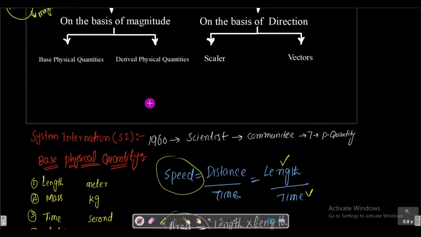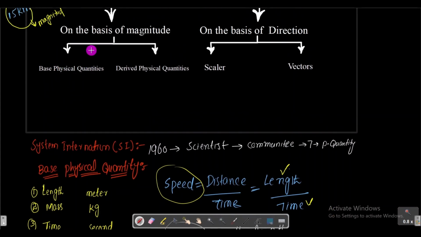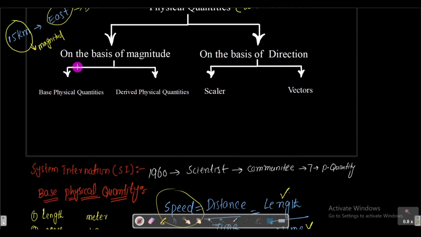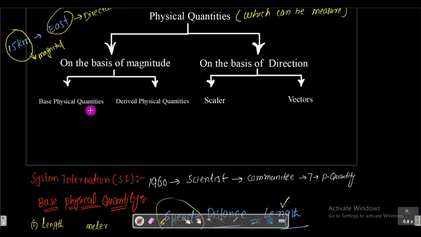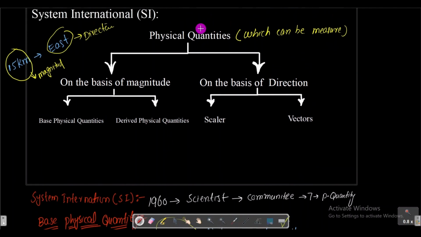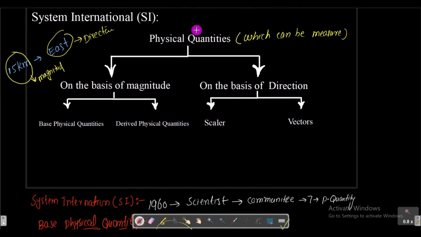So there were seven standard units, which we call base physical quantities, and the units which are derived, which come from the multiplication or division of the base physical quantities, are called derived physical quantities. So this was the classification of physical quantities on the basis of magnitude.